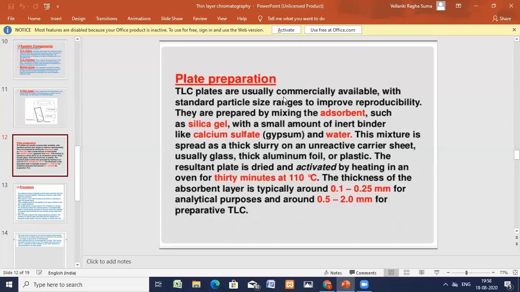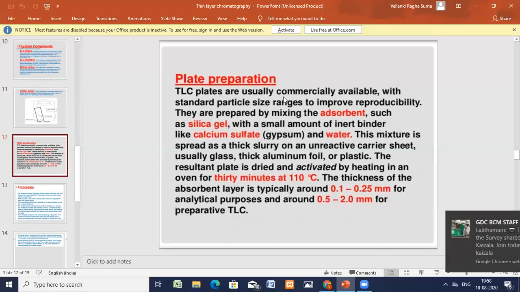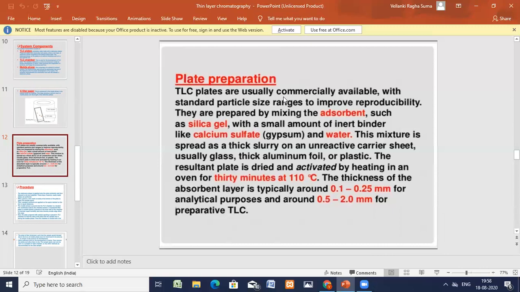Coming to the dipping method, the adsorbent is dissolved in chloroform (CHCl3) plus methanol mixture. Two plates are joined back to back, dipped into the solution and kept for some time. The solvent is then volatilized. By this dipping method also, a thin layer on the glass plate can be prepared.